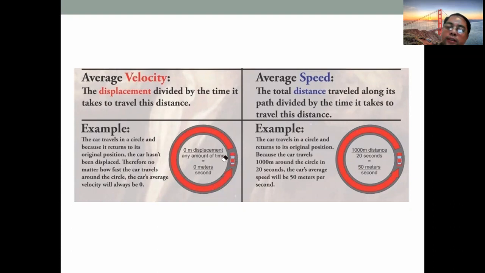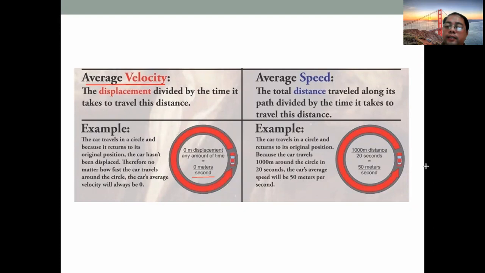So if we base it on displacement, the displacement becomes zero. If average velocity is displacement over time, then with displacement being zero, the average velocity for this example will also be zero. So the average velocity here is 0 meters per second, because it goes back to where it started.